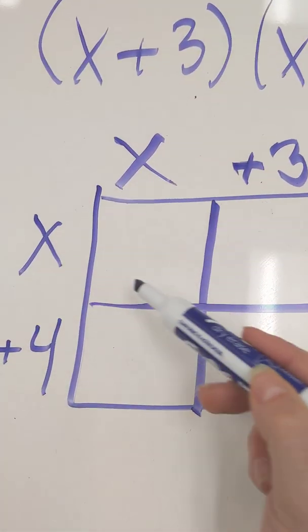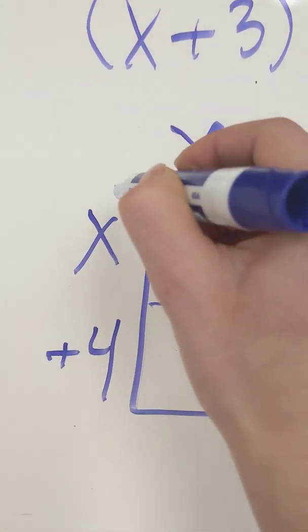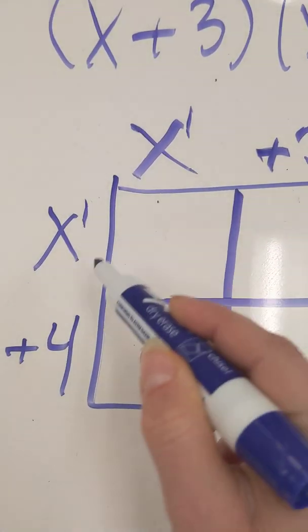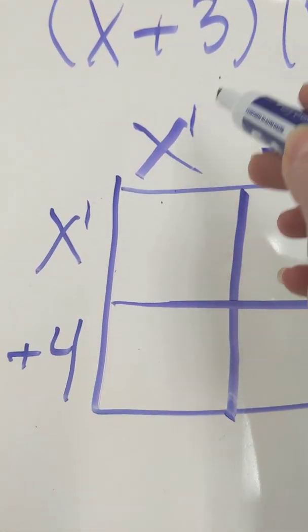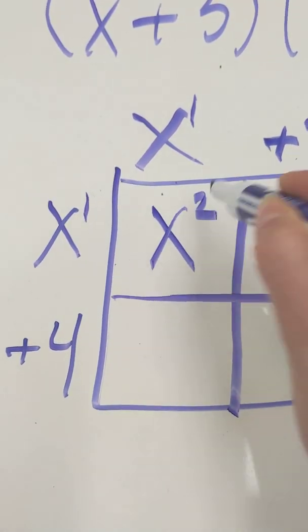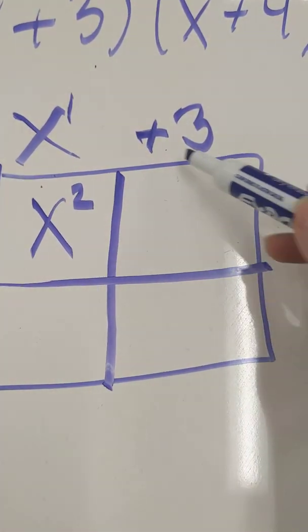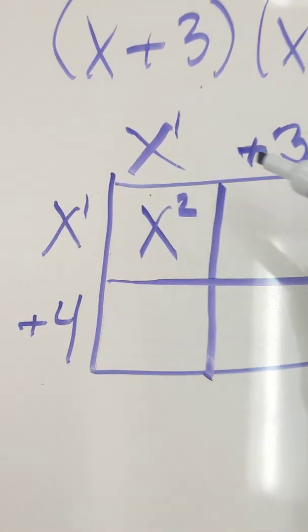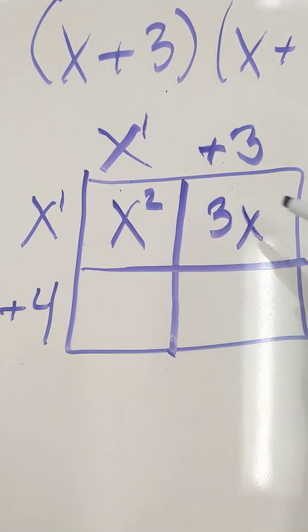So now to find each box, we're going to find the area, which is just taking its length times its width. You may want to remember that there's a 1 and a 1 for the exponents. So this box has x and x for its side lengths. So x to the first times x to the first gives me x squared, because 1 and 1 is 2. This box has a side that's 3. This side is the same as this side, which was x. So I'm going to do 3 times x, which is 3x.